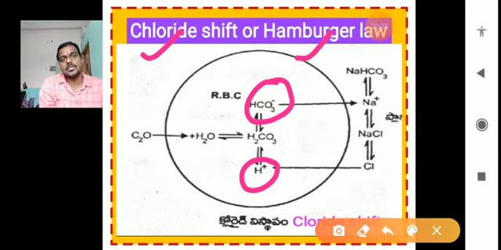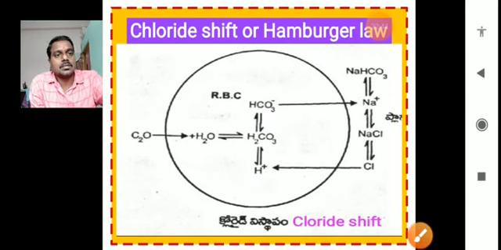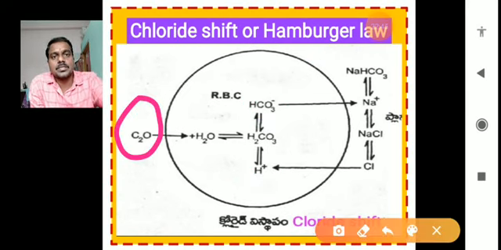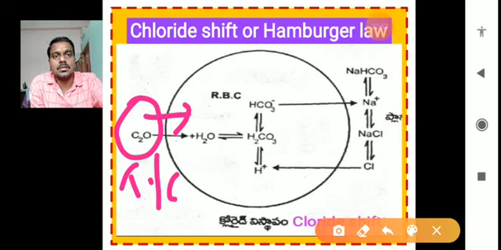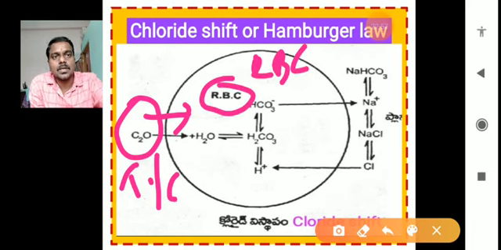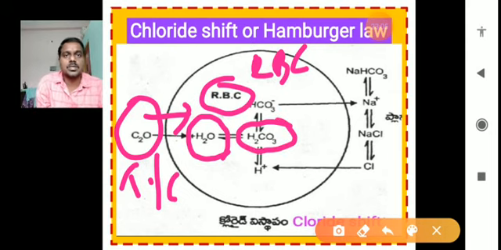How is chloride shifted into the RBC? See here: the carbon dioxide released at the cell or tissue level enters the RBC. This is the RBC, and it contains water molecules. The carbon dioxide and water form H2CO3, which we call carbonic acid.